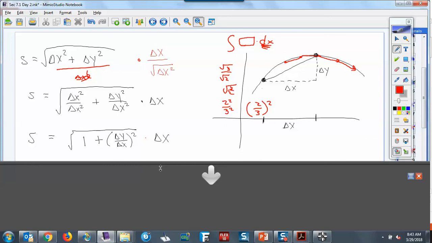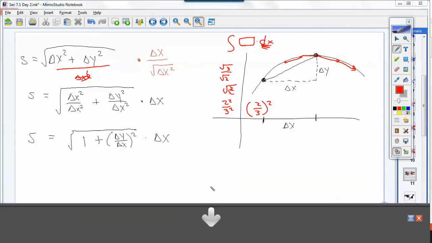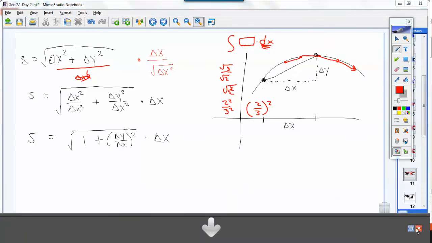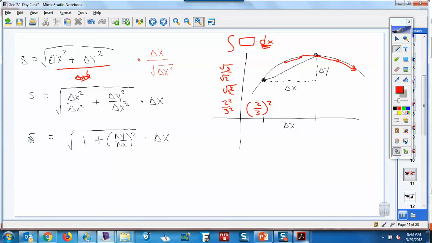So what we're doing by doing this infinity thing is this is actually going to turn into y prime, the derivative of the function, and then this is s. That's going to be one little strip, one little length that's going smaller and smaller and smaller.